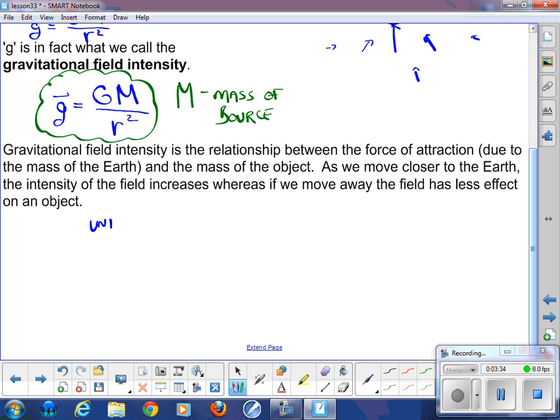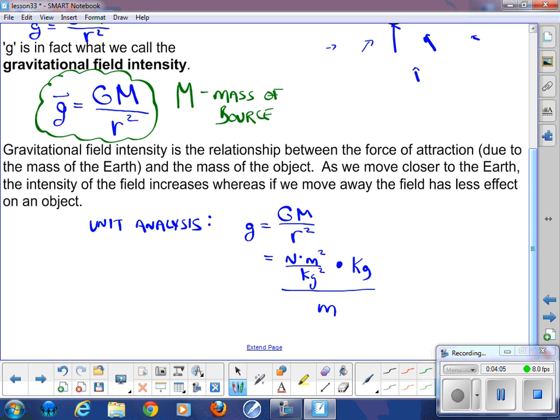Unit analysis: you're asking me, how can GM over r squared give me meters per second squared? If we take that formula, GM over r squared, on the previous slide I told you that G is newton meters squared over kilograms squared. The mass of the Earth is in kilograms, divided by r in meters squared.